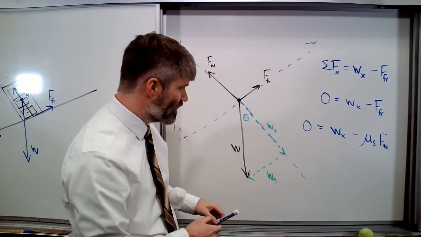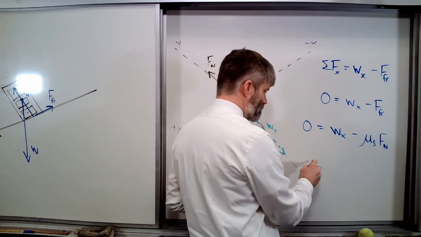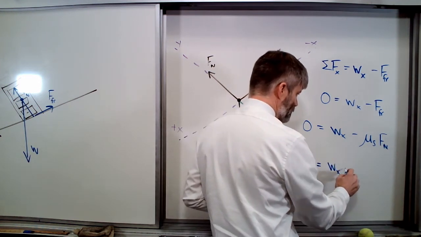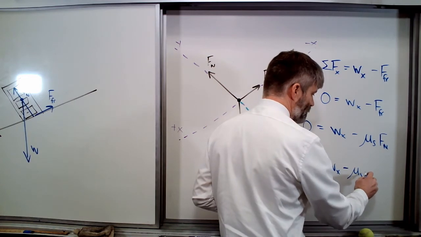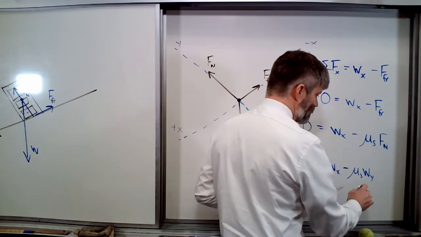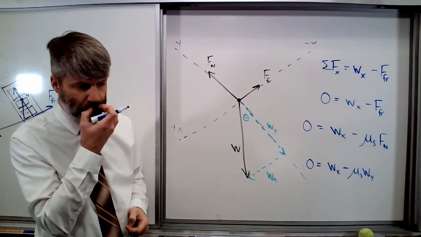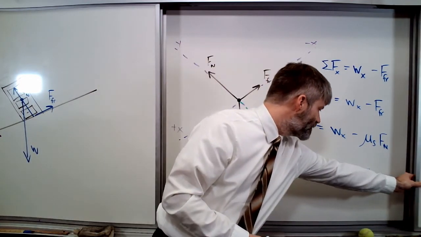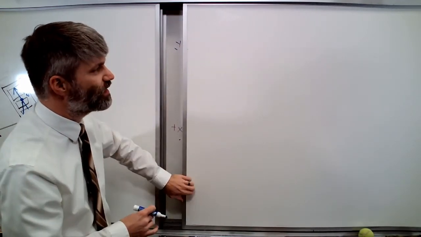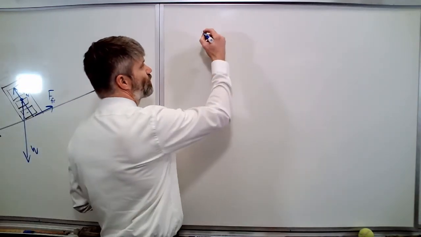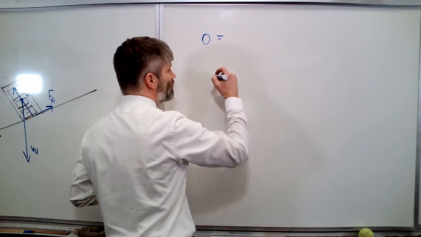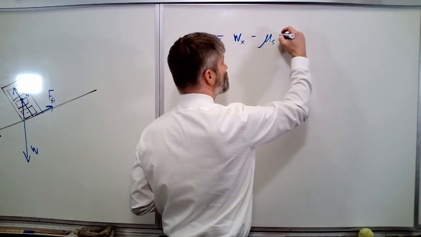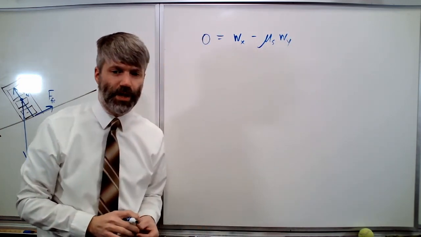So at this point now, we've got 0 equals Wx minus mu s times Wy. So let's start replacing this with what we know. Let me rewrite that really quickly. So we've got 0 equals Wx minus mu s Wy.